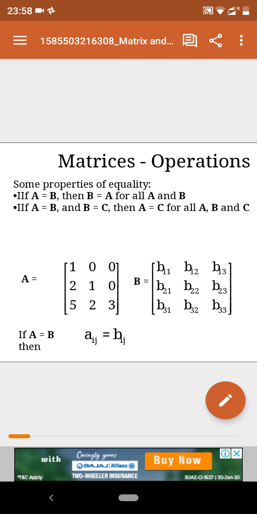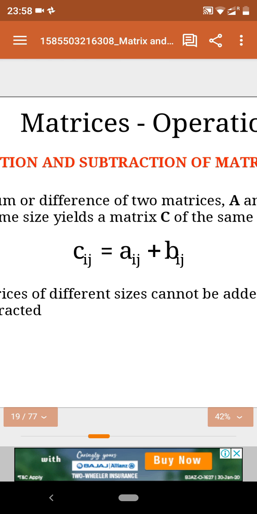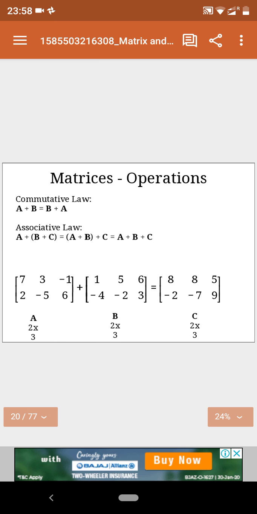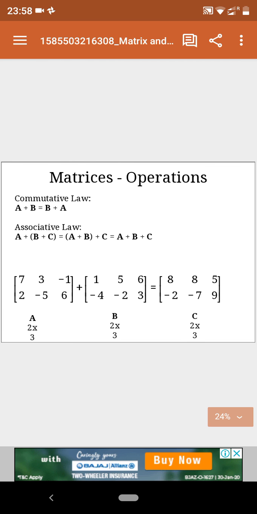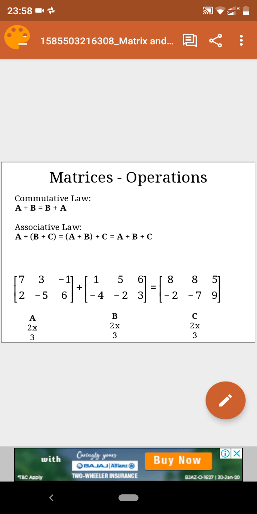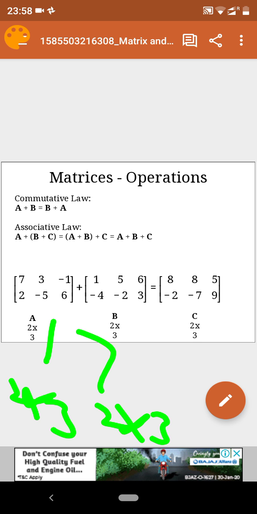And then after this we'll have addition and subtraction. I have already told you how to add and subtract matrices. These are two matrices given to us. They have to be of the same order. What is the order of the first matrix? This is a matrix of order 2 by 3. This has to be of order 2 by 3. And when you add, what happens? The corresponding entries get added.